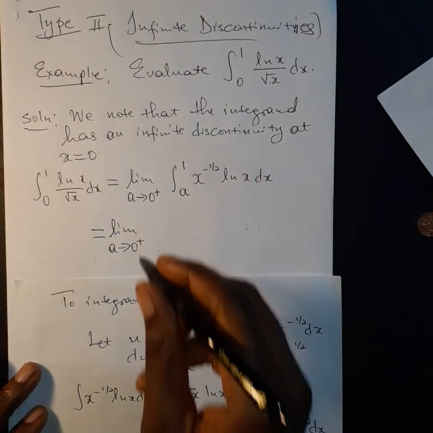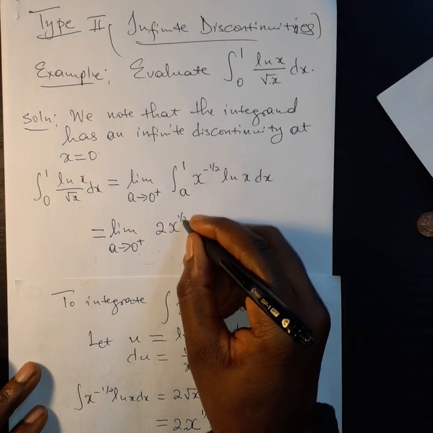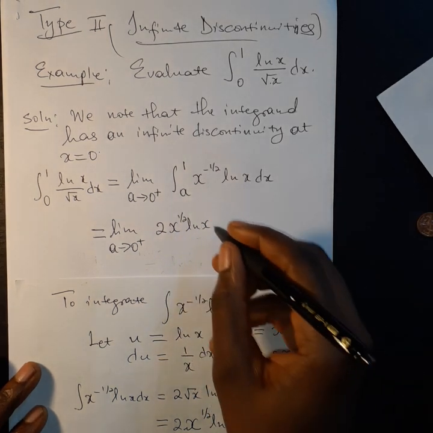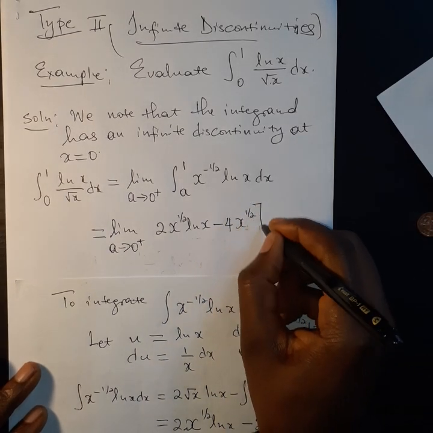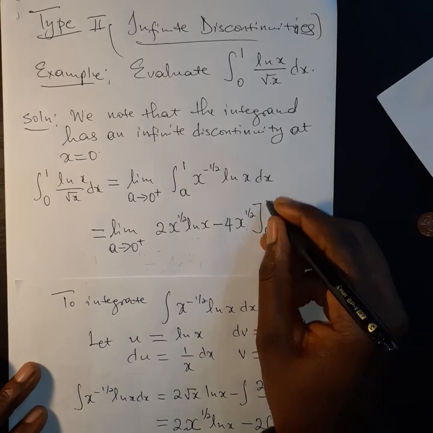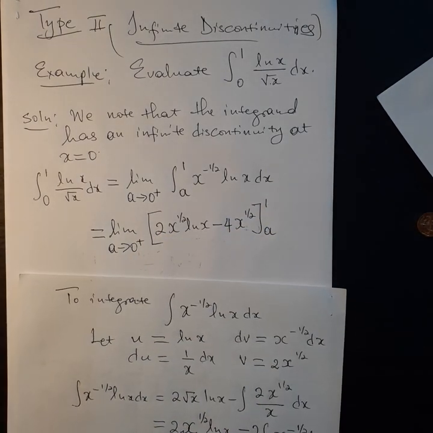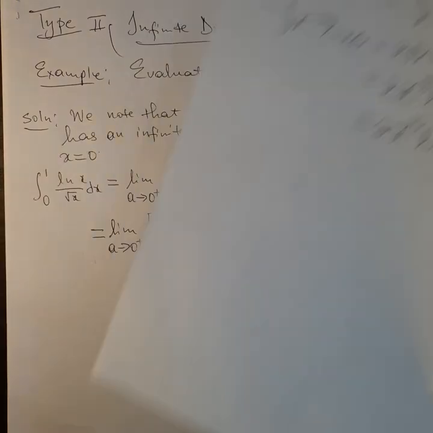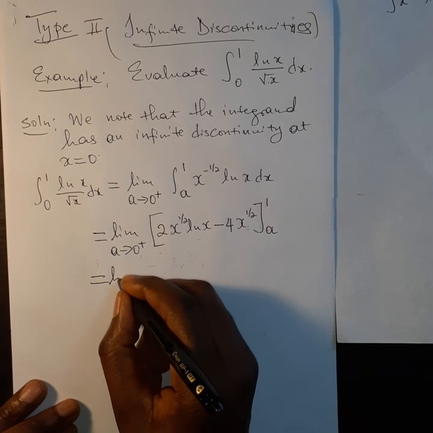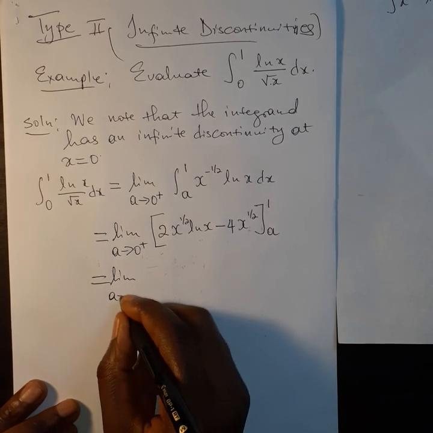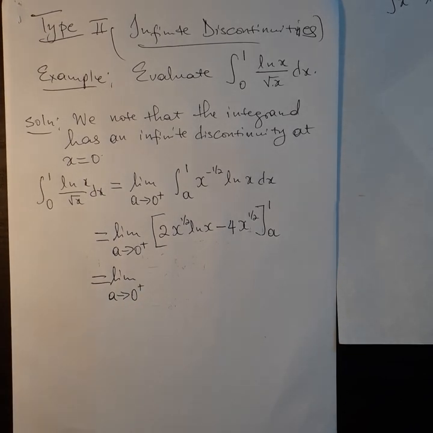Then the integral there is 2x to the power 1 over 2 ln x minus 4x to the power 1 over 2 from a to 1, like that. All right. So if we have done that, then it means this is the limit as a is approaching 0 from the right.